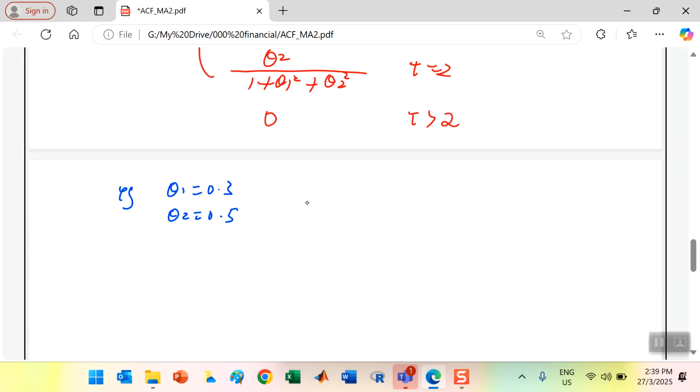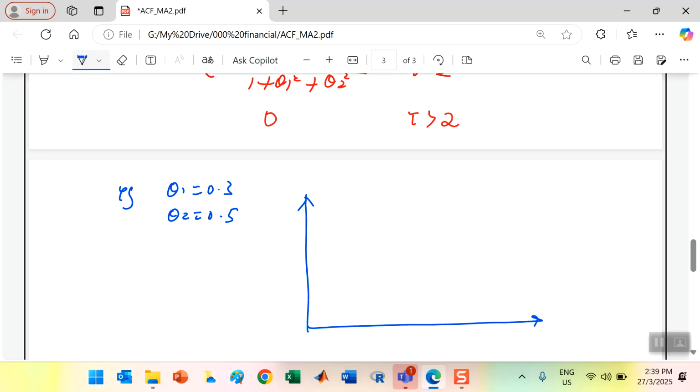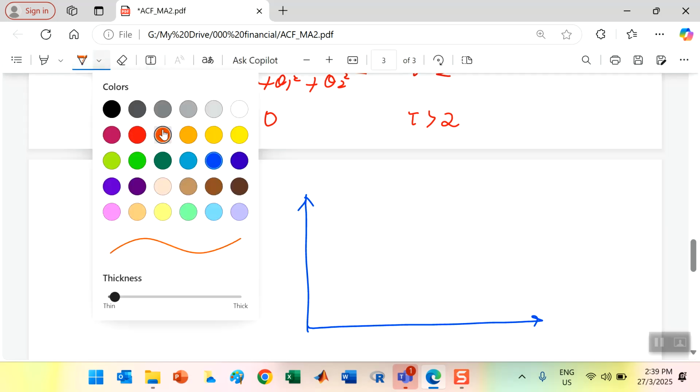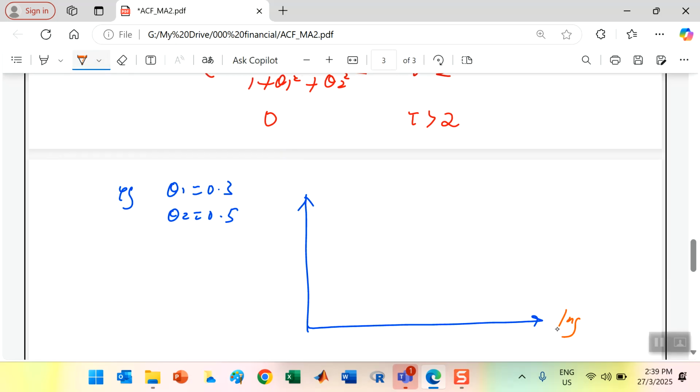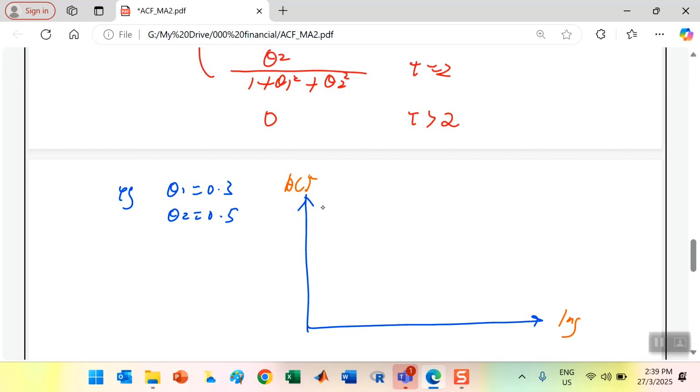So you are expecting to plot an ACF where this is the lag, this is your ACF. Lag 0 always gives you 1. Then you have lag 1, lag 2, 3, 4, 5, and so on. So there will be two non-zero values in your ACF.